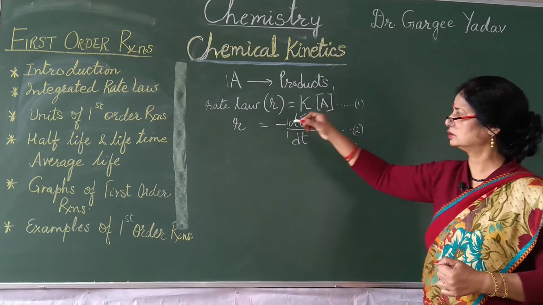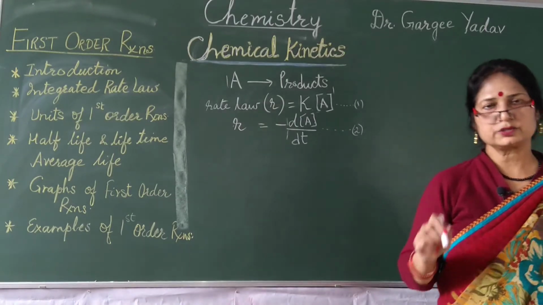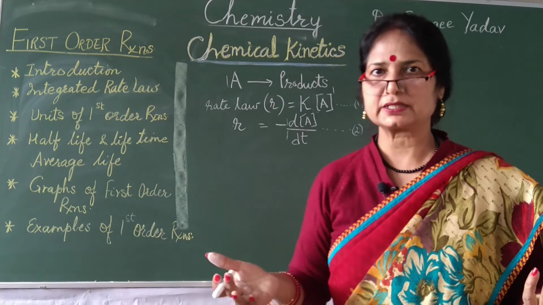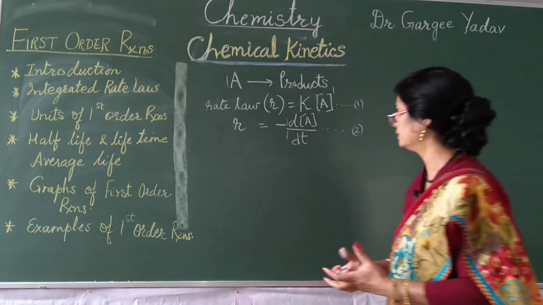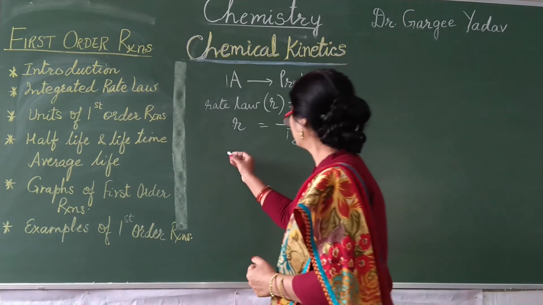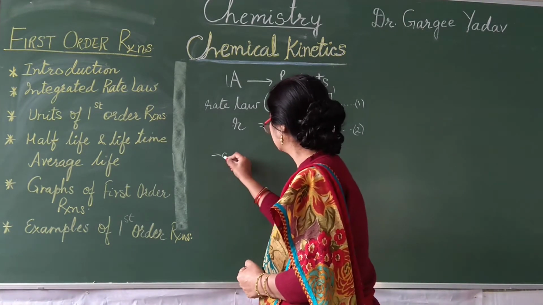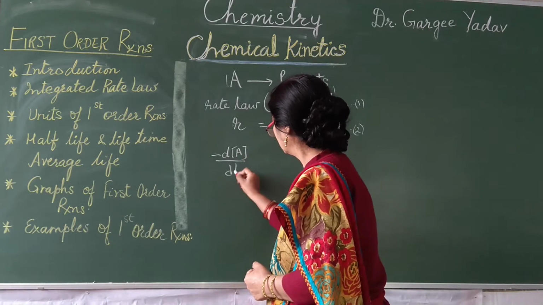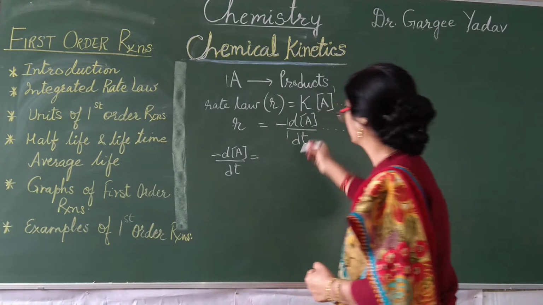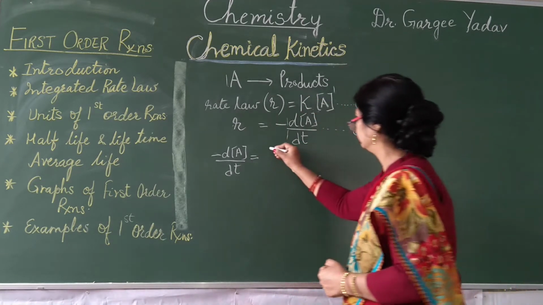And since both equation number 1 and equation number 2, they both are representing the rate of the reaction, so we can equate them. Okay. So let's equate them. What we get is that minus dA upon dt will be equal to K[A].